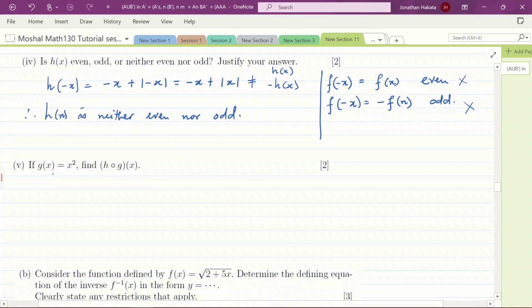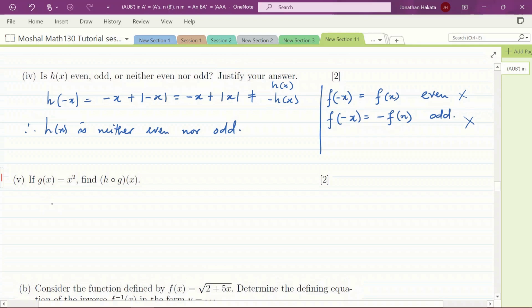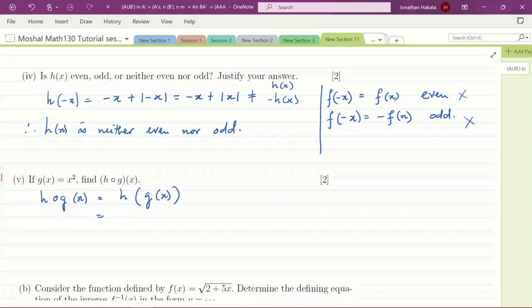Now, if g of x is equal to x squared, find the composition h of g of x. So h of g of x, the other way of writing it is h in brackets g of x. In h we are going to put g. Remember, h of x was defined as x plus modulus of x.